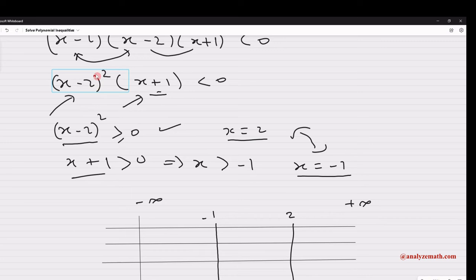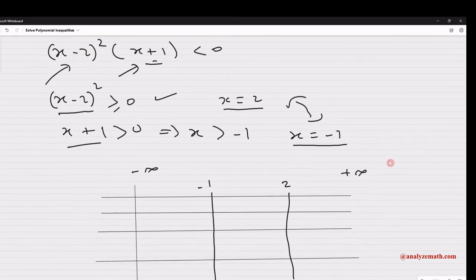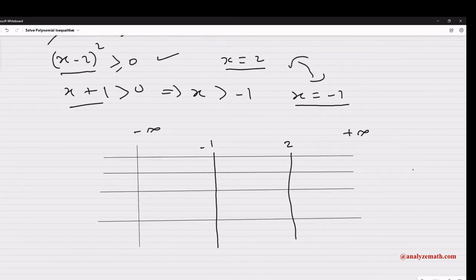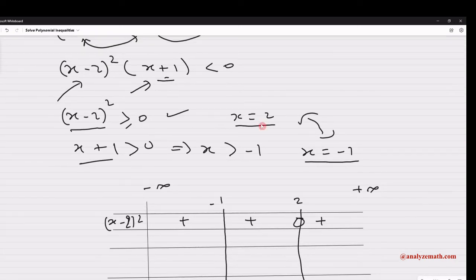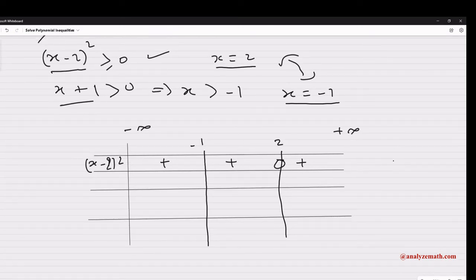Now remember the two terms. The first one is x minus 2 to the power 2. So we put it here. This is a square. It's always positive, except when x equals 2, it will be 0. The second factor, if we look at our inequality, is x plus 1.